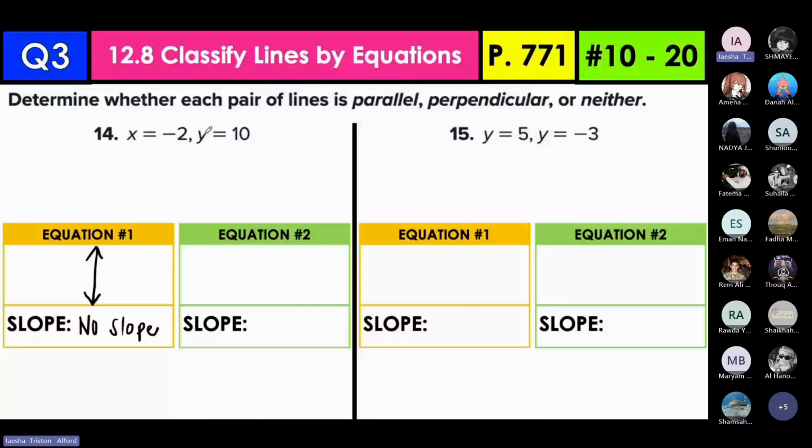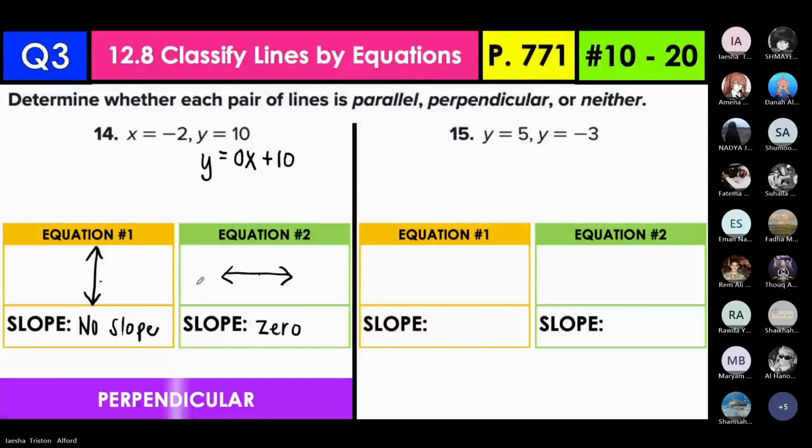For y equals 10, what is the slope? 0. Why is it 0? Because there's no x. So it's y equals 0x plus 10. What kind of line? Horizontal. You have one vertical, one horizontal. What is the name? Perpendicular.